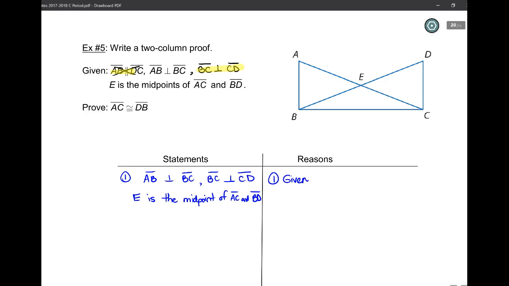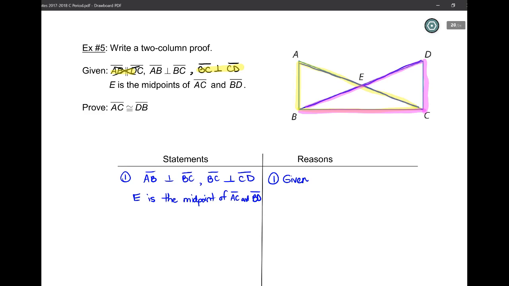And we are trying to prove AC is congruent to BD. Okay. So if we can get this triangle, ABC, congruent to this triangle, BDC, then we can get their corresponding parts congruent.